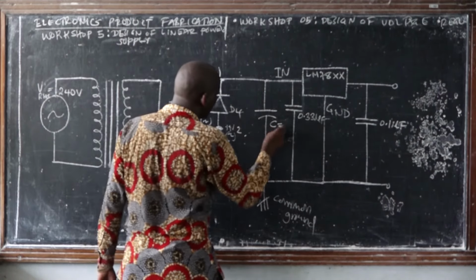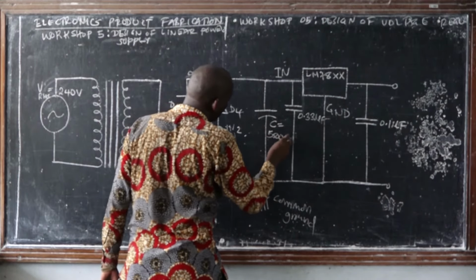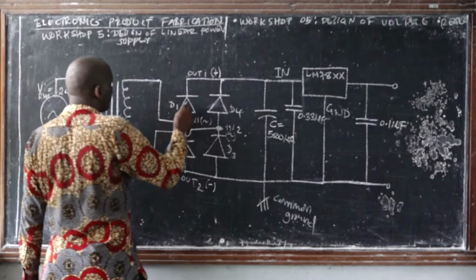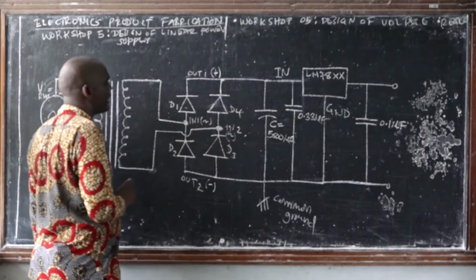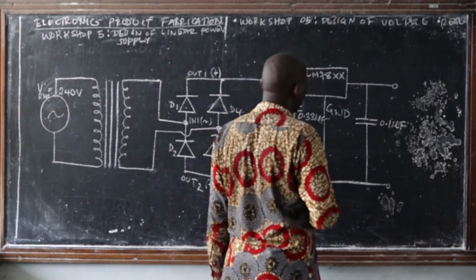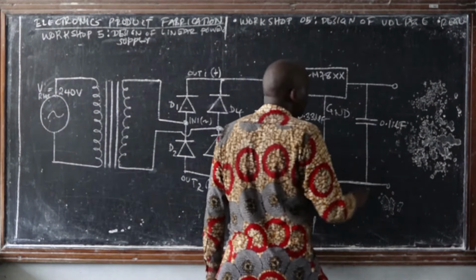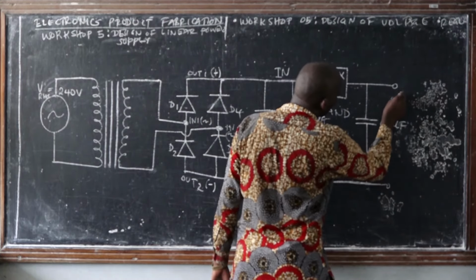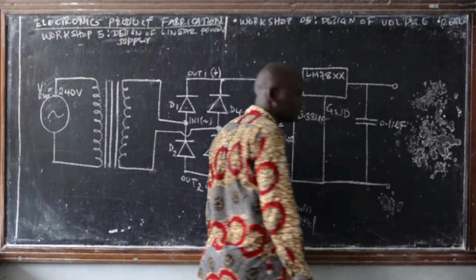Here we are going to have a capacitance of 500 microfarad. And then for this case, we used to have 1N4004, 1N or 1D, I don't remember exactly. So this is the point where we are going to draw the output voltage.